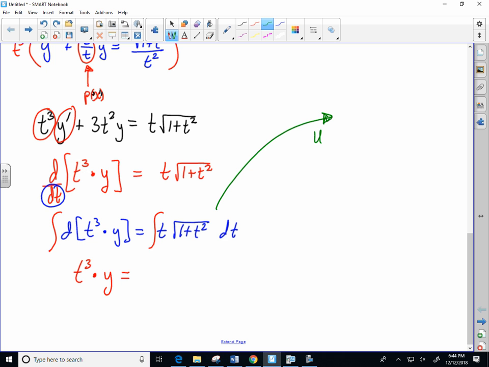So let u be equal to 1 plus t squared, which would make du equal to 2t dt. All right. Looking at that integral, I see that I don't need 2t. I just need a t. 1/2, yeah.